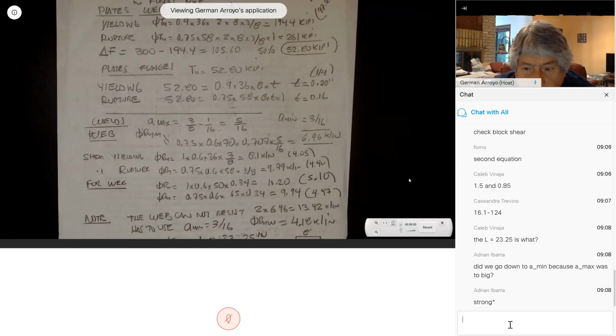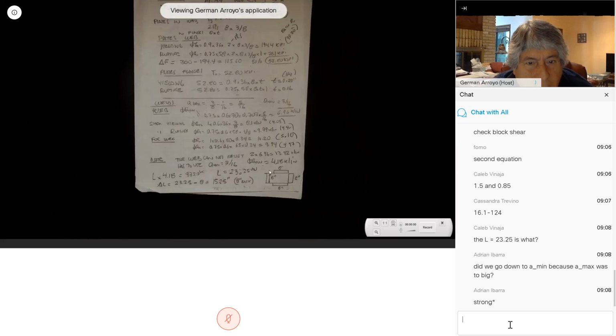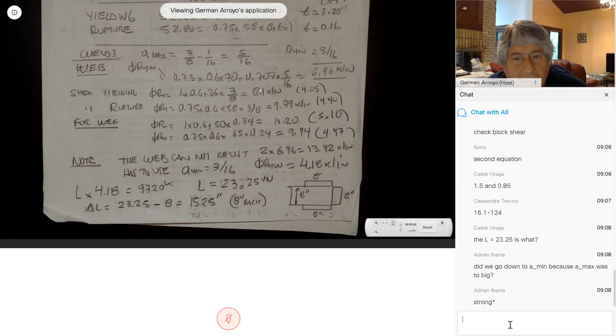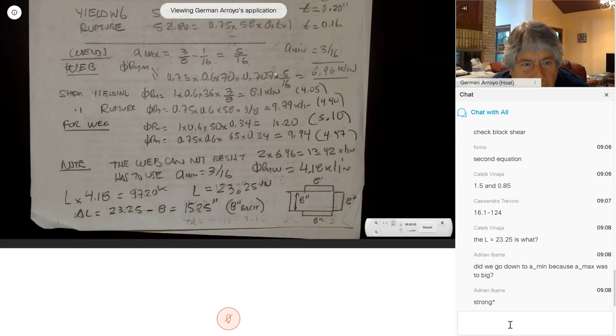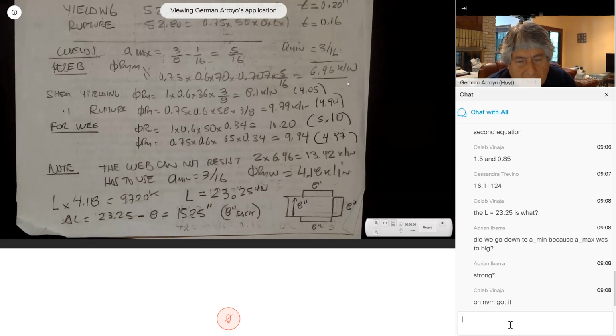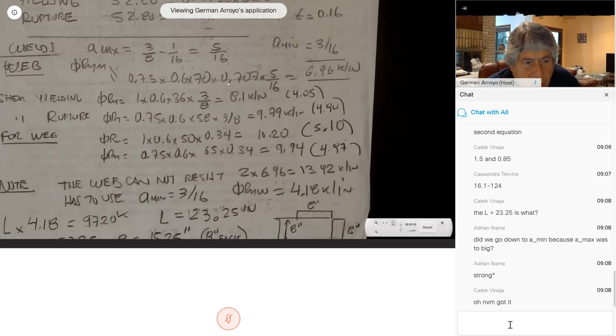There's a question from Adrian. Why do we go to a minimum? The answer is here. We did the capacity of a 5/16 weld. We start with the maximum. The minimum is 3/16. So I compared this capacity of the weld per inch with the shear yielding and shear rupture of the web, and this was the smallest.